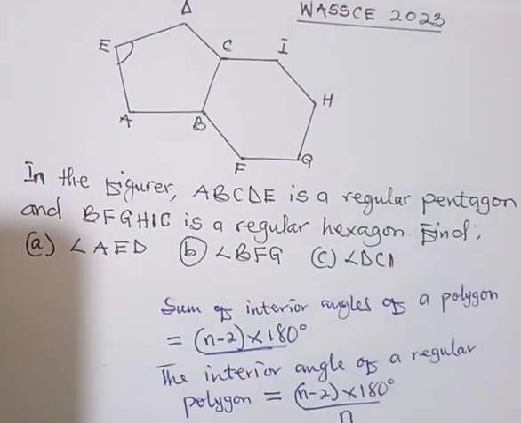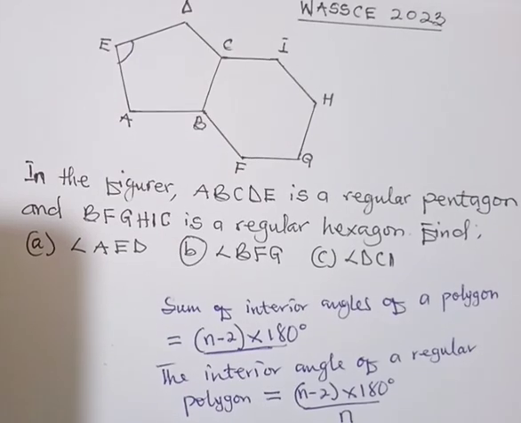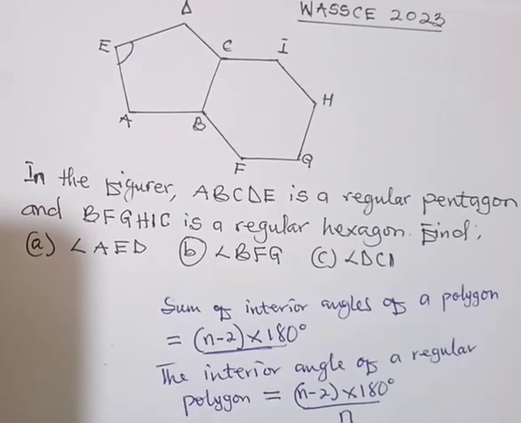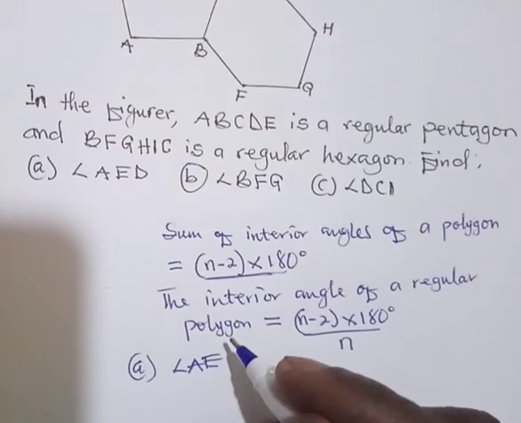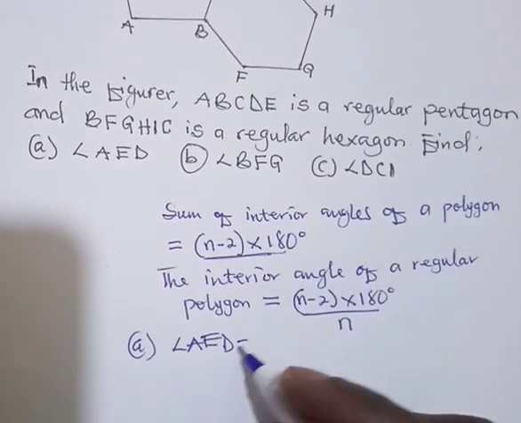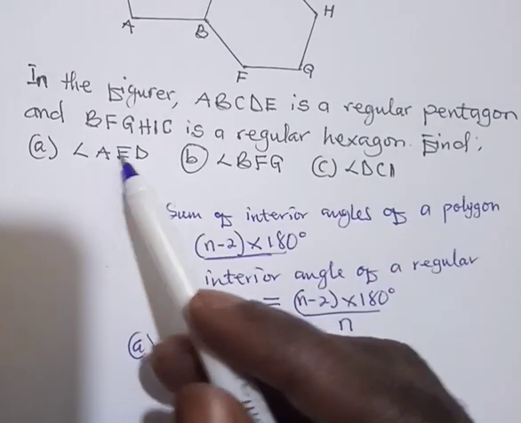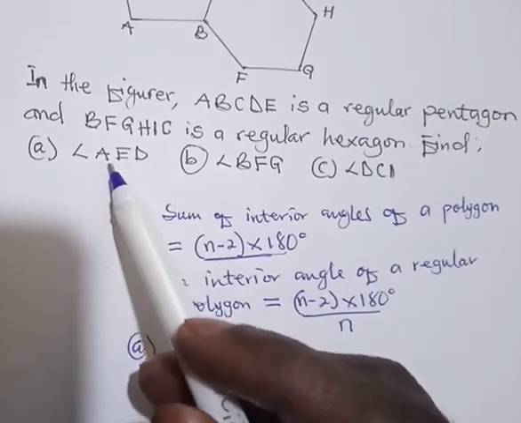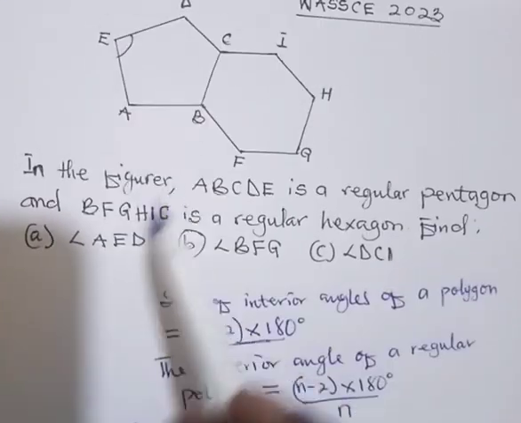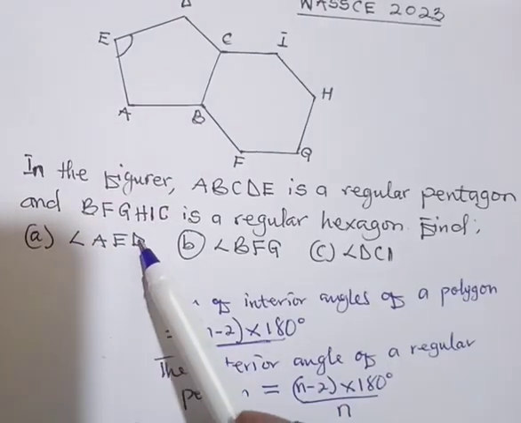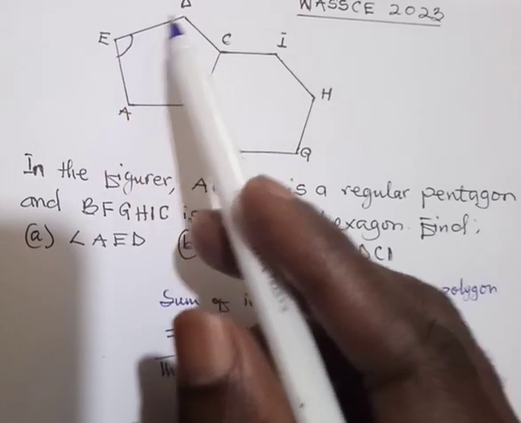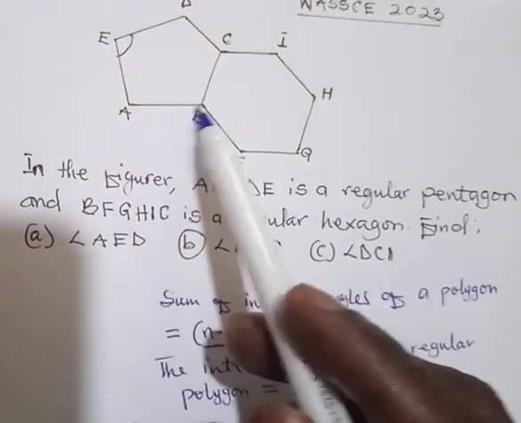Angle AED is given as, where can we identify it in the diagram? Because we are talking about AED, we can find it here. And how many sides is this? 1, 2, 3, 4, 5.